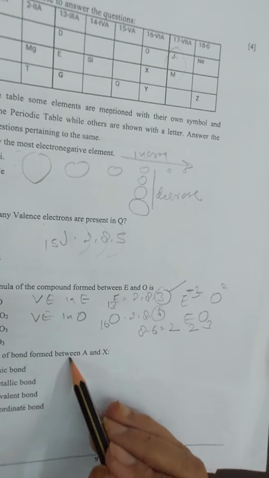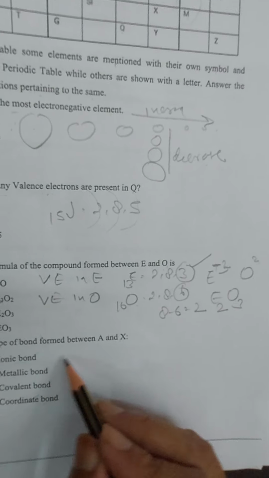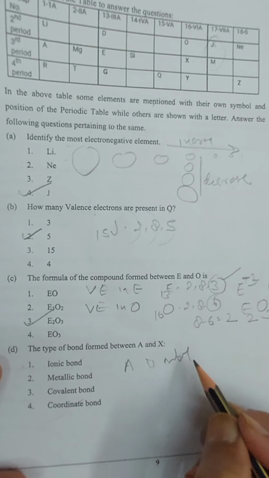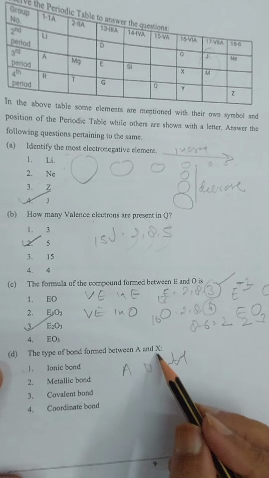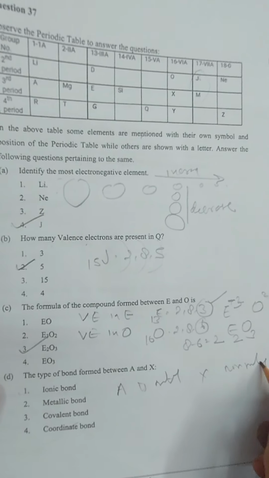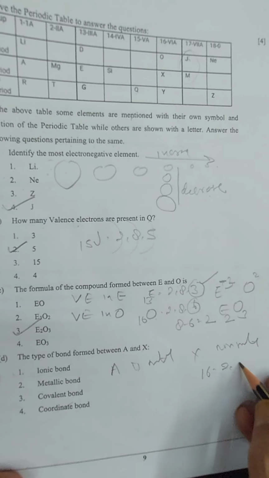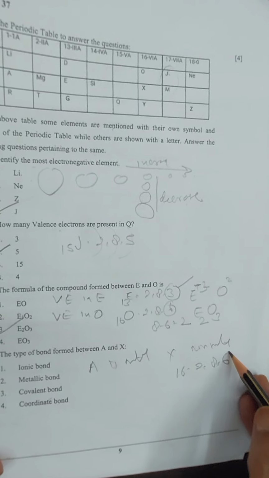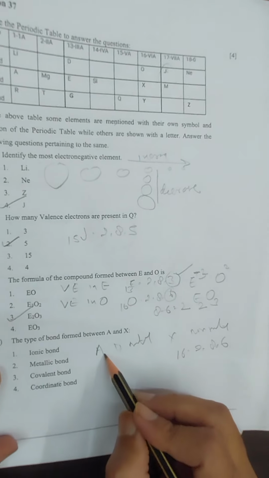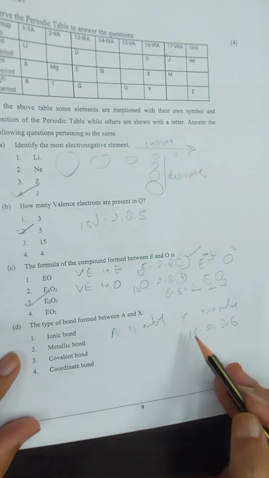The type of bond formed between A and X. We know that A is a metal, and X is a non-metal because it is present in group 16, with configuration 2, 8, 6, which is two electrons less than an octet. A is a metal because it is in the first A group and has one electron.